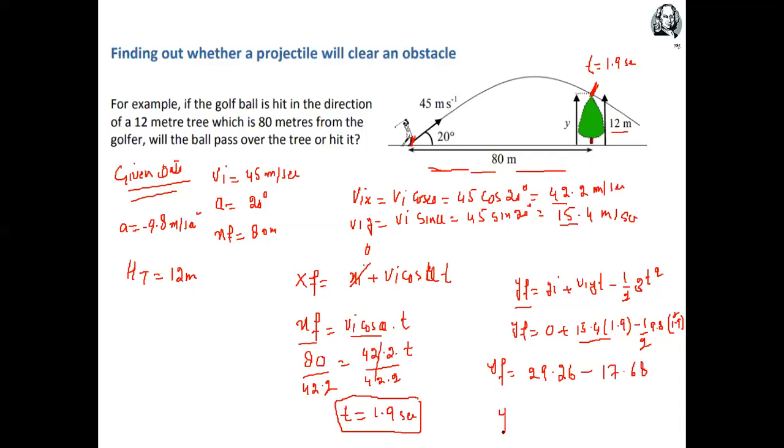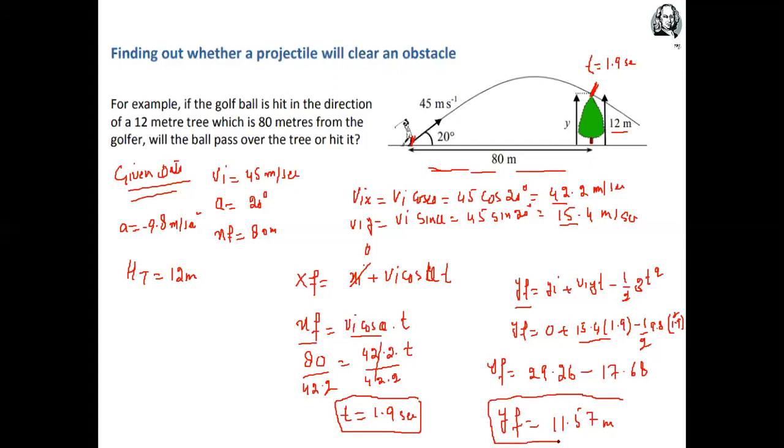So yf is 29.26 minus 17.68, which equals 11.57 meter.